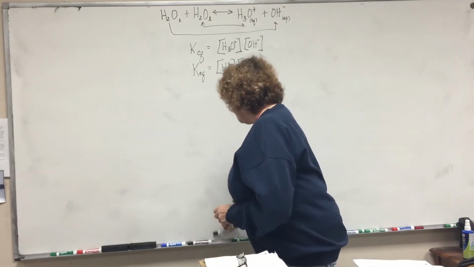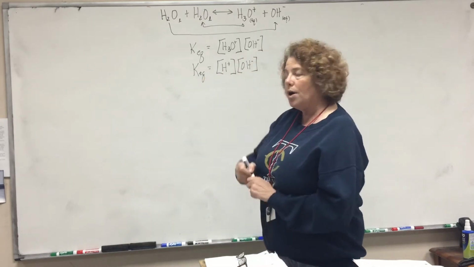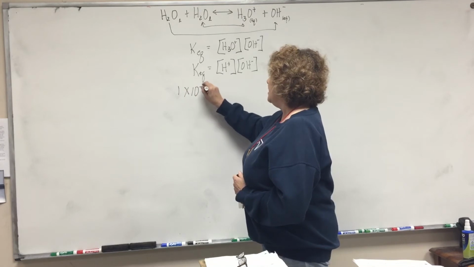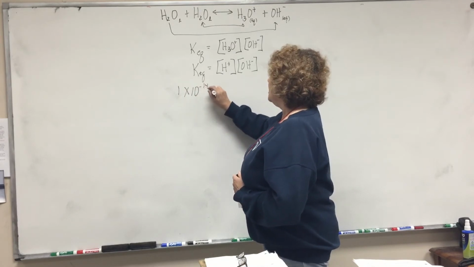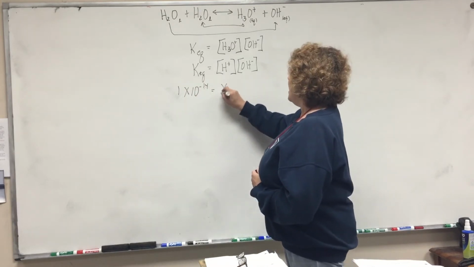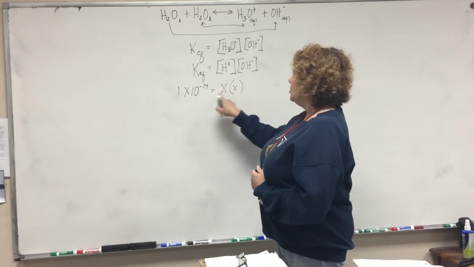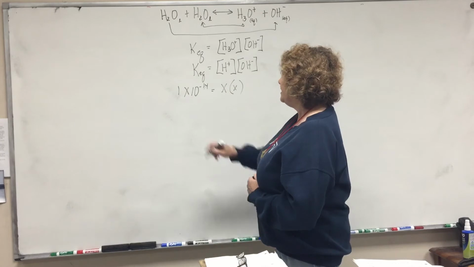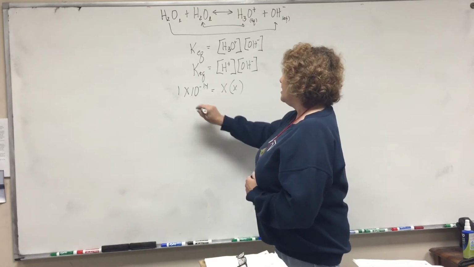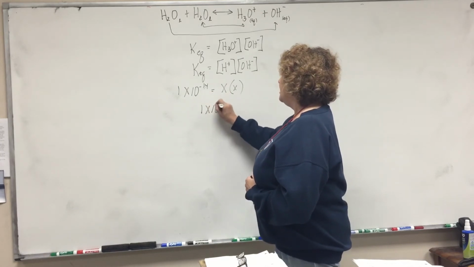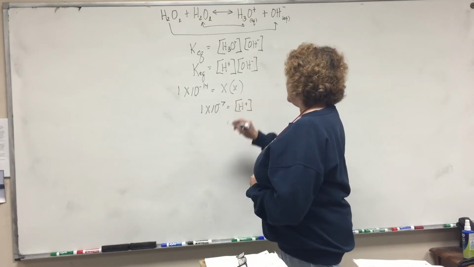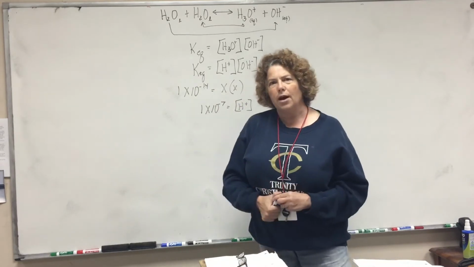The Keq of water is 1 times 10 to the negative 14. And so this is x and this is x. So to find out what the concentration of H plus ions is, you take the square root. So 1 times 10 to the negative 7 is my concentration of H plus ions. It is also the concentration of OH ions.